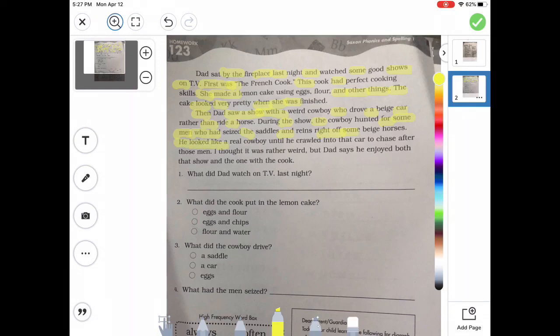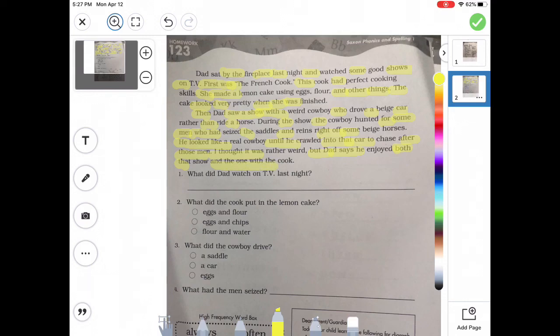He looked like a real cowboy until he crawled into that car to chase after those men. I thought it was rather weird, but Dad says he enjoyed both that show and the one with the cook.